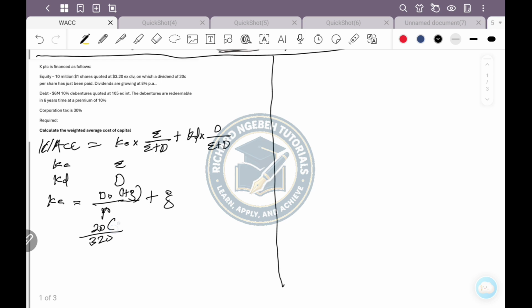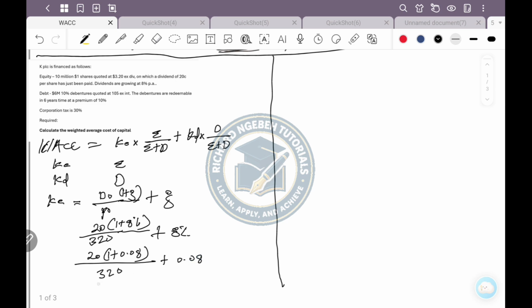It will be 320 cents. Remember here you have 1 plus growth. The growth is 8%, all plus growth again, 8%. So you'll get 20 in bracket 1 plus 0.08, all divided by 320 cents, plus 0.08.